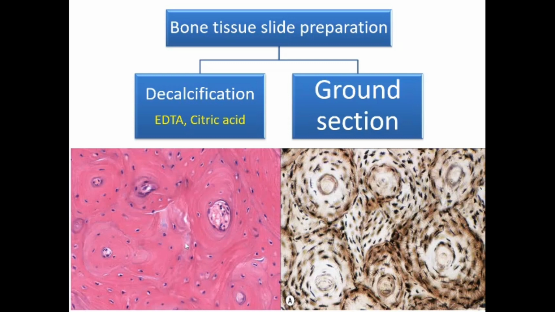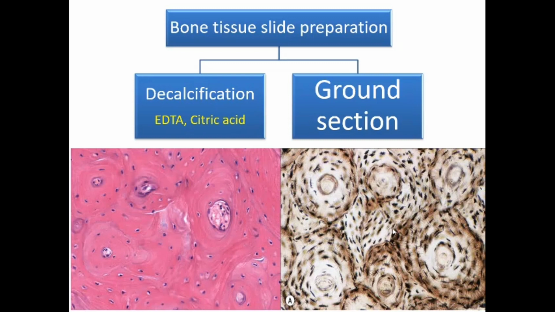By removing the mineral part, we leave just the collagen fibers type 1 in the matrix. This collagen gives the acidophilic property to the matrix, so usually we have a red matrix in decalcified slides.